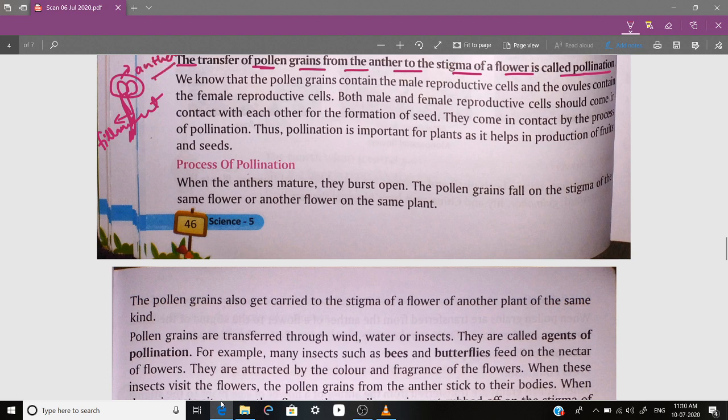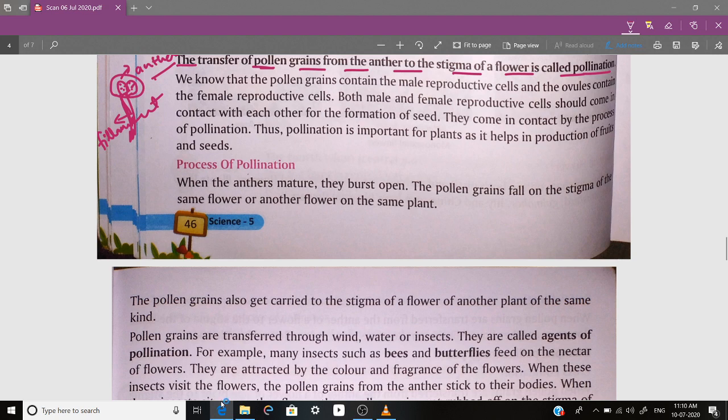Okay students, this part is anther, and I have told you that pollen grains are present on the surface of the anther. What are pollen grains? Pollen grains are a powder-like structure which consists of male reproductive cells.